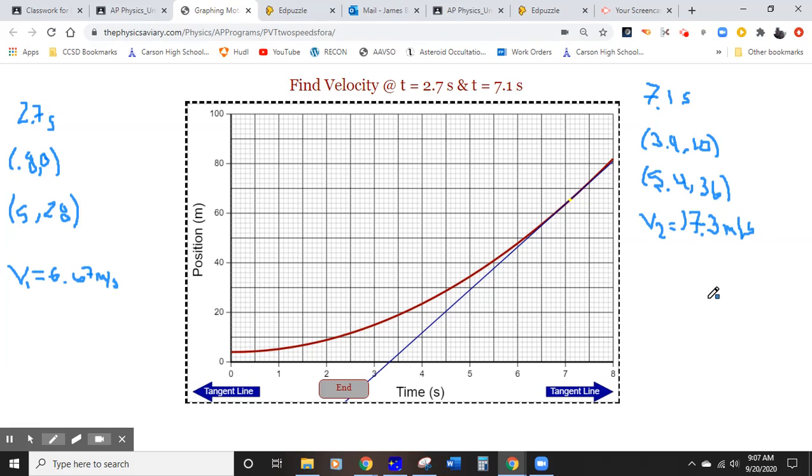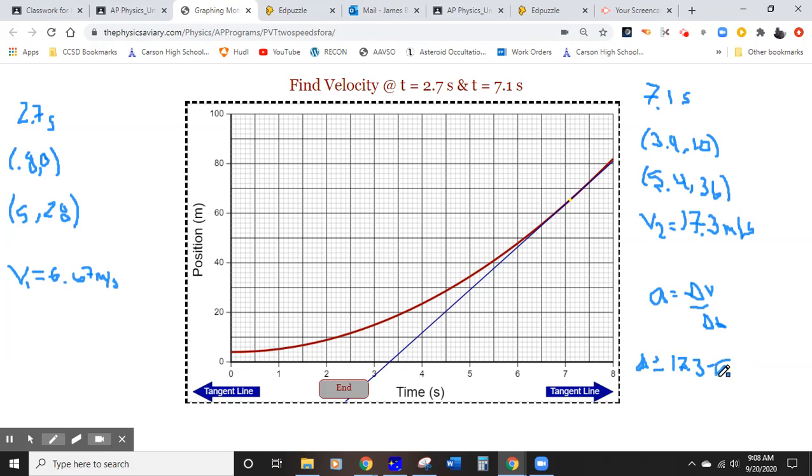Now we have to find the acceleration, which is delta v, the change in velocity, over the change in time. So delta v: v2 was 17.3, minus 6.67 over here.